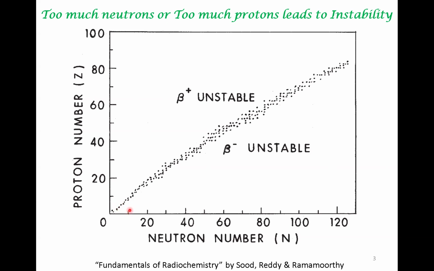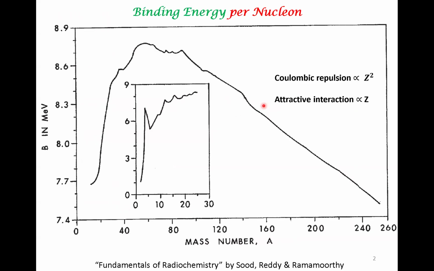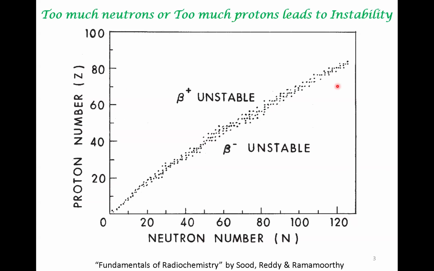However, as the atomic number increases, that is, the proton number increases, what you see is that you have a greater number of neutrons to have some stable nuclei. In a way, this is related to this behavior, but we'll connect these things again in the later slides.